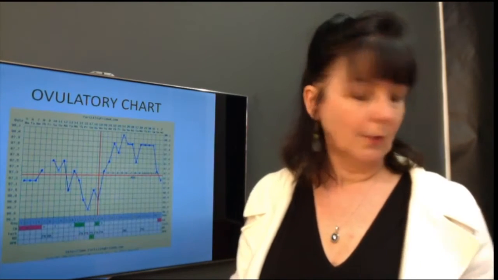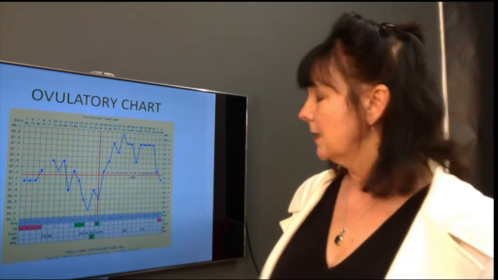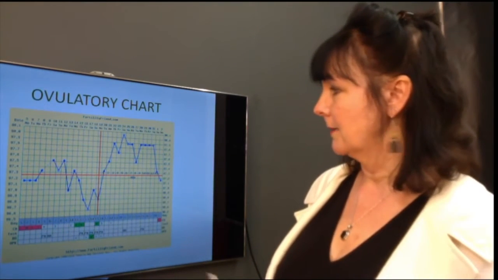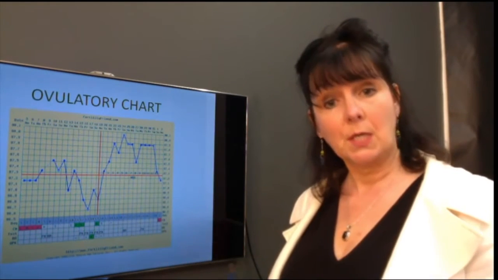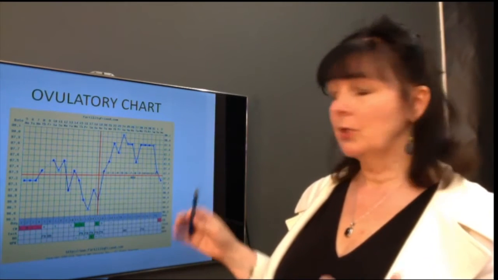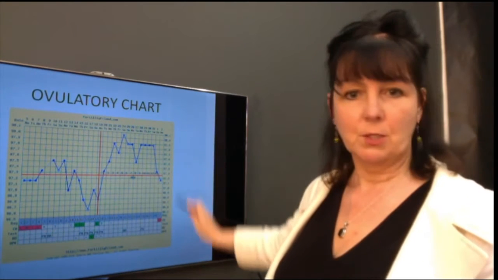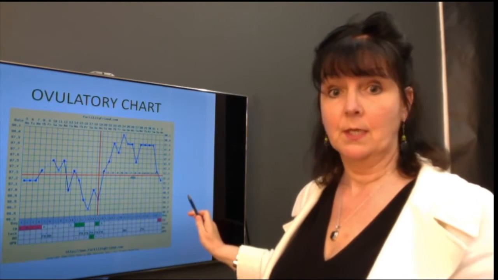Okay, so let's have a look at some charts, because the charts are brilliant at providing us with lots of information, as I've said already. But they all look different because they will be individual to each woman. Every woman's chart will look different, and what you're looking for is the pattern. So you're not worried so much about what the temperature is necessarily, although there are some conditions that can be a concern.